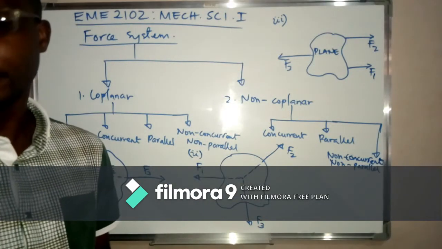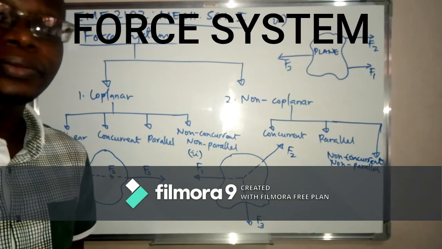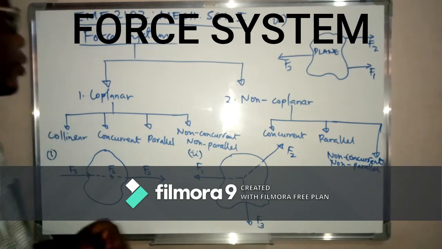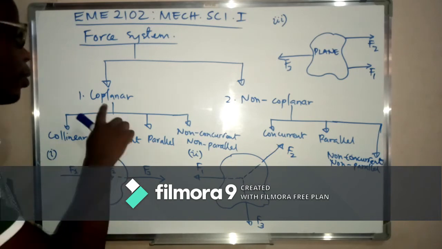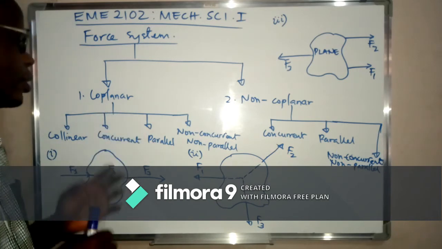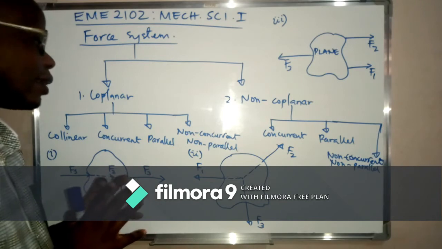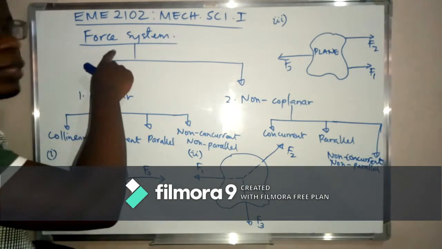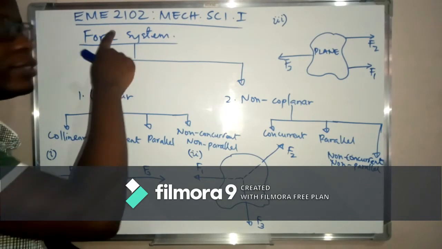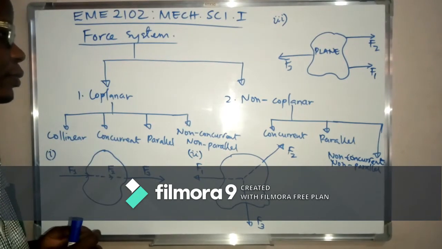Now let's look at what a force system, or rather system of forces, is. When you have a group of coplanar forces, that is forces that act in one particular plane, then we refer to them as a system of forces.